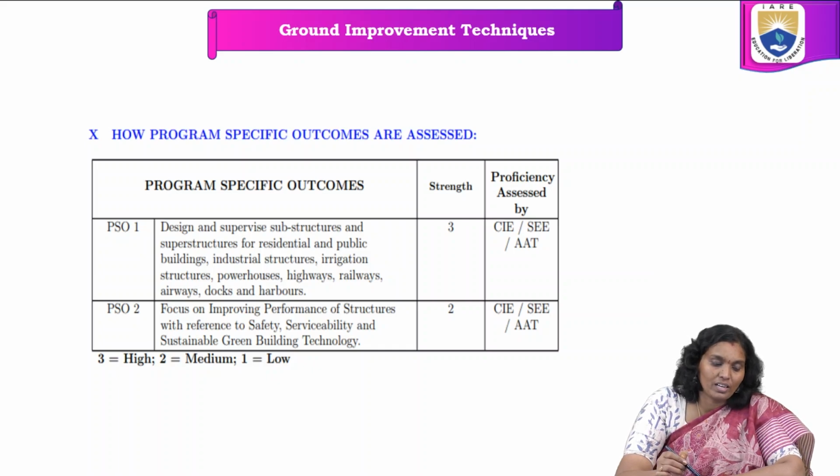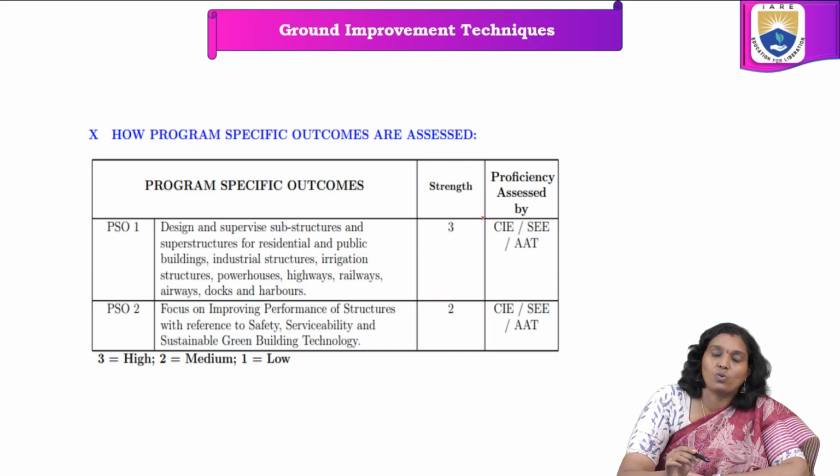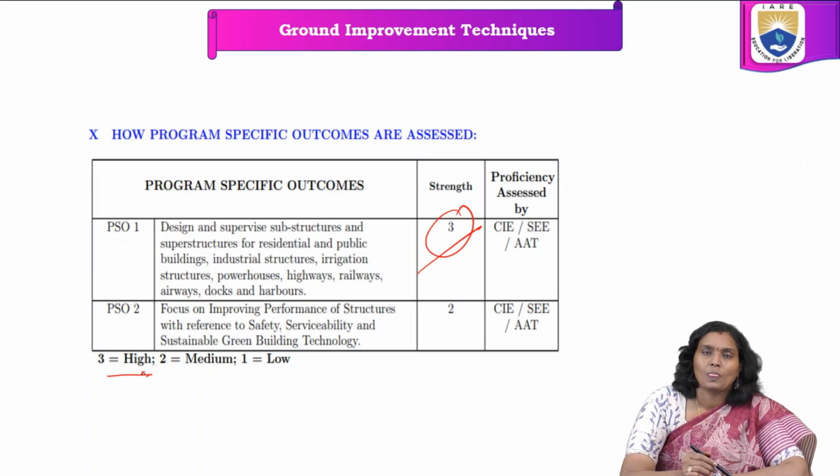PSO1 is the specific outcome relevant to the program. So in the civil engineering program, PSO1 is design and supervise substructures and superstructures for residential and public buildings, industrial structures, irrigation structures, powerhouses, highways, railways, docks and harbors. For this PSO, this course's strength is 3, it's at high level.